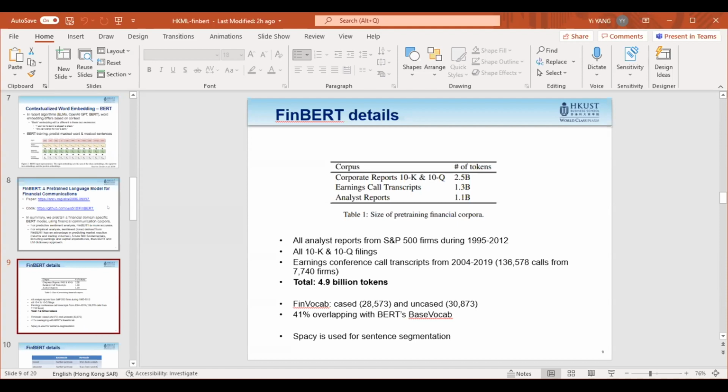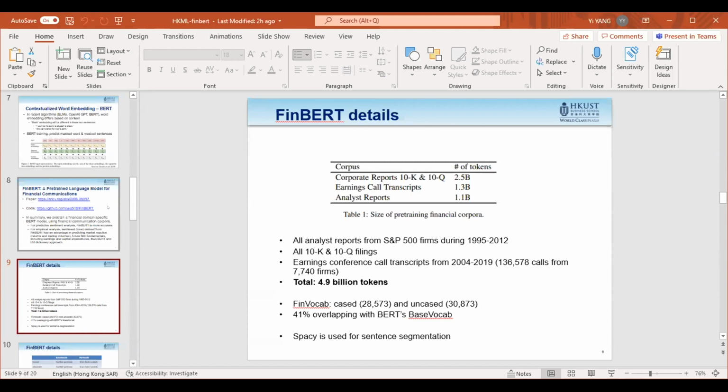As we know, financial text has different vocabulary, uses different words, and has different traditions of language use, right? So instead of using BERT's base vocabulary, we want to use our own vocabulary. We have 2 vocabularies, the FinVocab, cased version and uncased version. Why? Because in some applications, maybe you want to use a cased vocabulary.